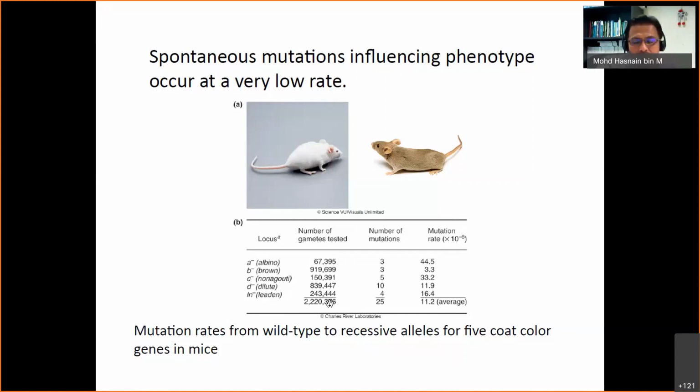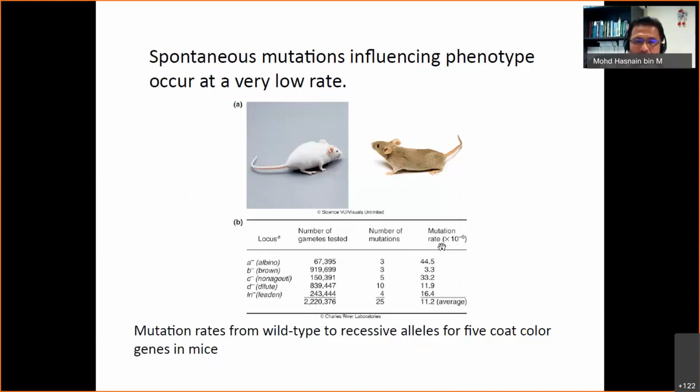Another way to measure mutation is per generation. Whichever way you check, heritable mutation numbers are usually very low. Why is it low?